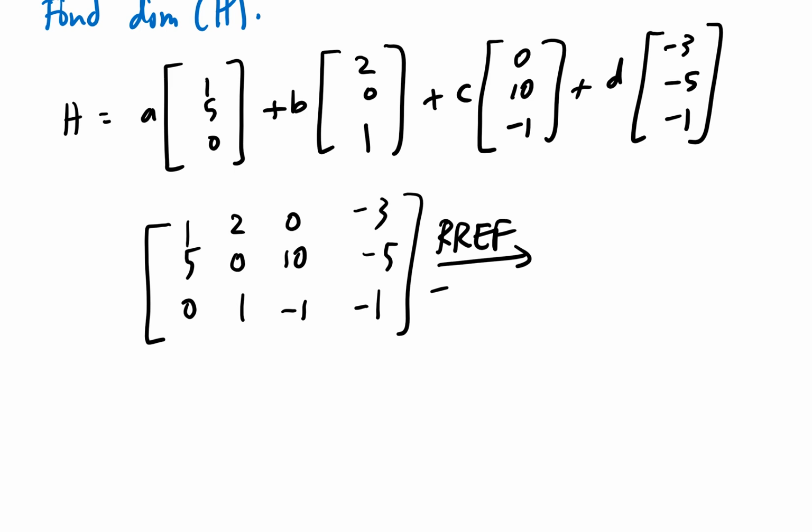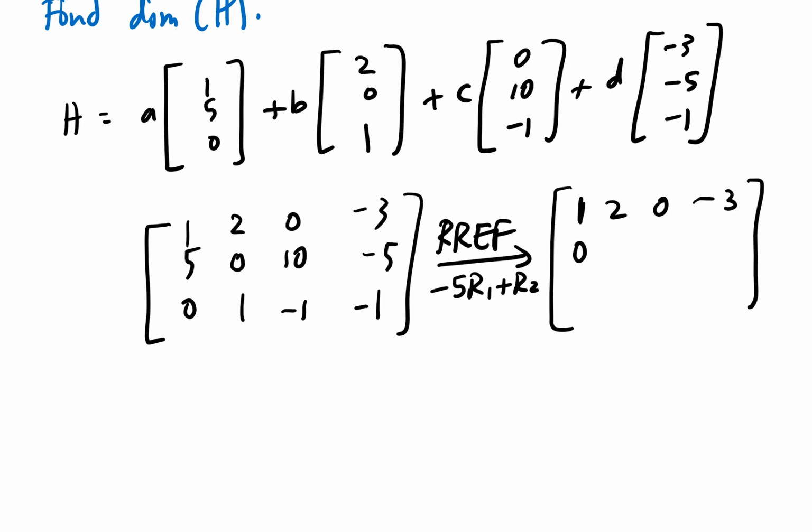So to do that, you can multiply row 1 by -5 and add it to row 2. So what do we get? 1, 2, 0, -3 stays the same. -5 times the first one is -5, added to this is 0. Then -10, 10, and -5 times -3 is 15, and that's another 10. Keep the last row the same.